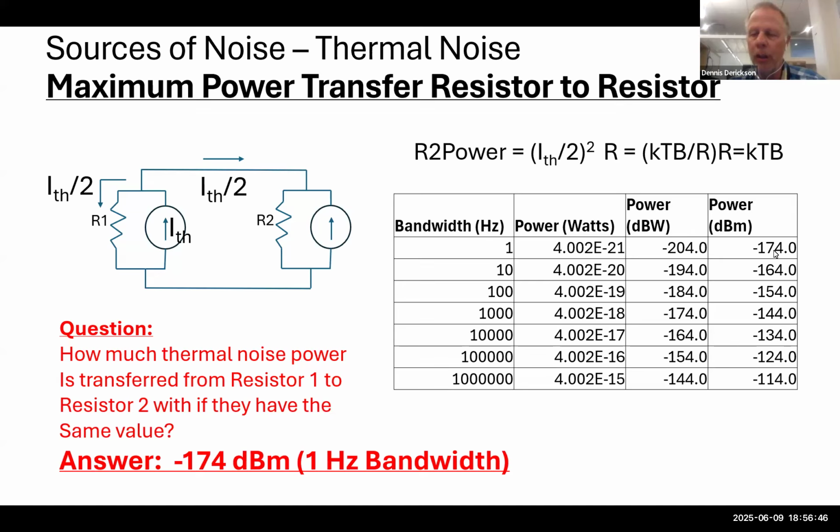Now, this number you see right here is oftentimes quoted in thermal noise as minus 174 dBm of power in a 1 hertz bandwidth. So that's probably the most common metric that people use for thermal noise, minus 174 dBm per hertz. That's how much power resistor 1 delivers to resistor 2 if they're the same value resistor. So a very important constant, minus 174 dBm in a 1 hertz bandwidth.